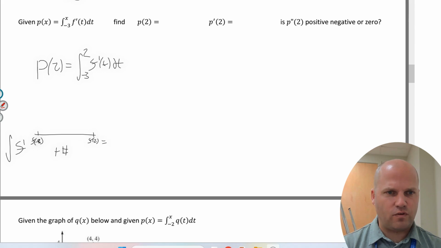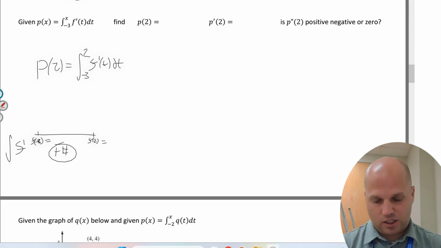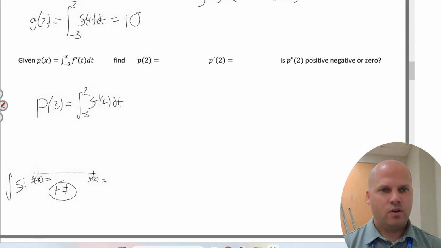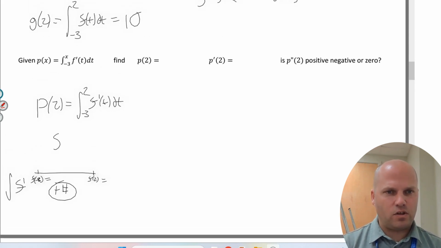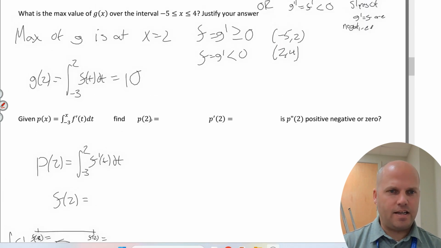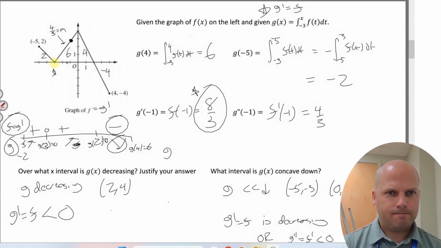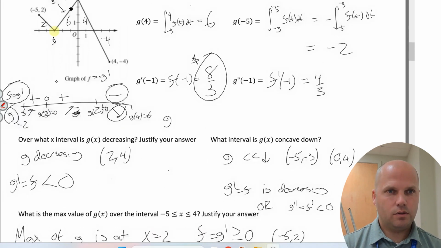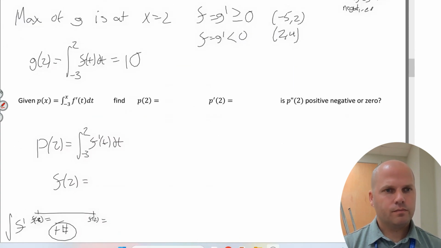So I need to find these two values and subtract them to find my displacement of f. So I just need f of 2 and I need f of -3. F of 2 is 0, f of -3 is 0. Oh, cool, so 0. So this is going to be 0 minus 0, 0.